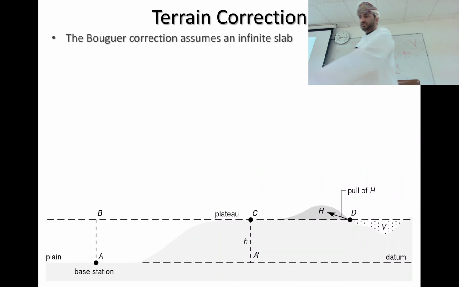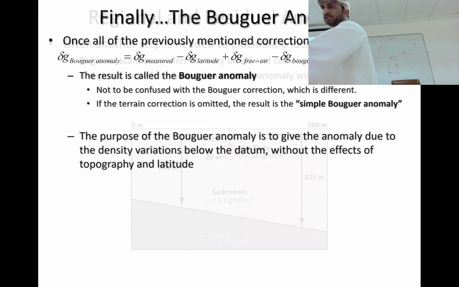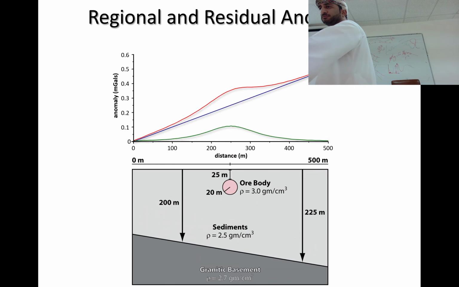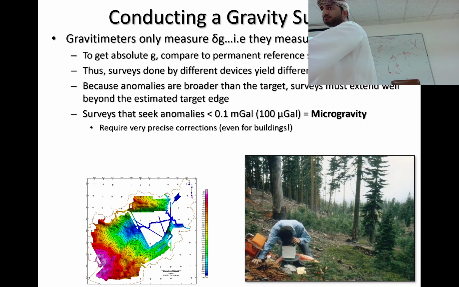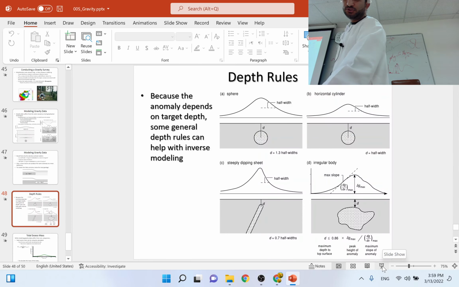There are a few slides: terrain correction, up until here, those are the residual corrections. Then we explain something about gravity surveying. Do you have any questions related to what we have covered today?